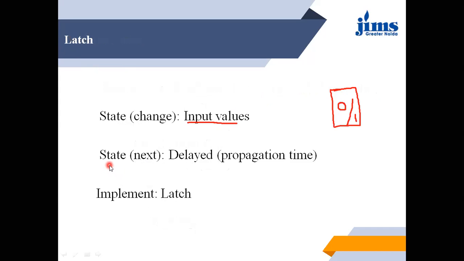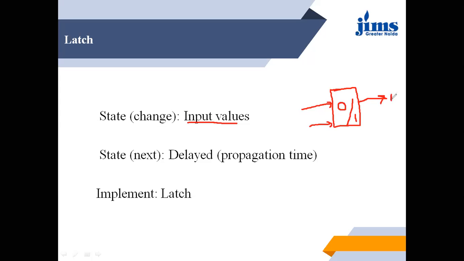And the time between the current state and the next state is the propagation time. For example, this is the current input, and this is the output at a stage, suppose stage 1.